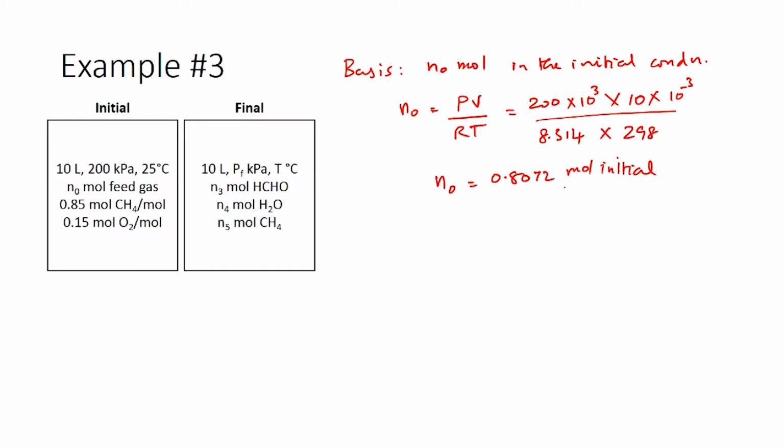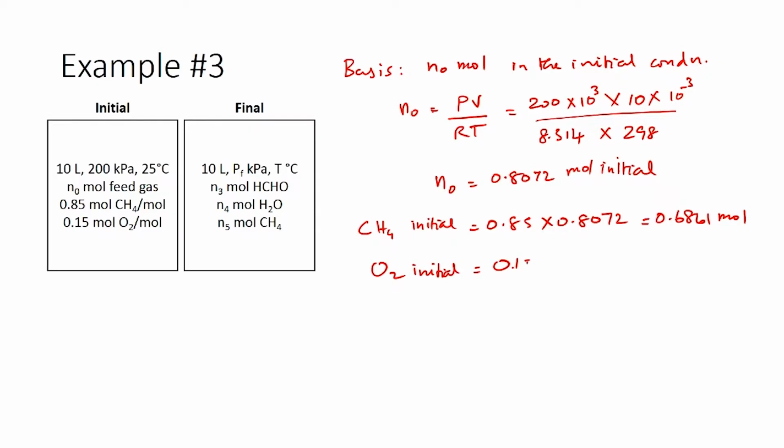We know that 0.8072 moles are present as a feed gas mixture. So, methane initial would be equal to 0.85 times 0.8072, which is 0.6861 moles. Oxygen in the initial condition would be equal to 0.15 times 0.8072, which is 0.1211 moles.